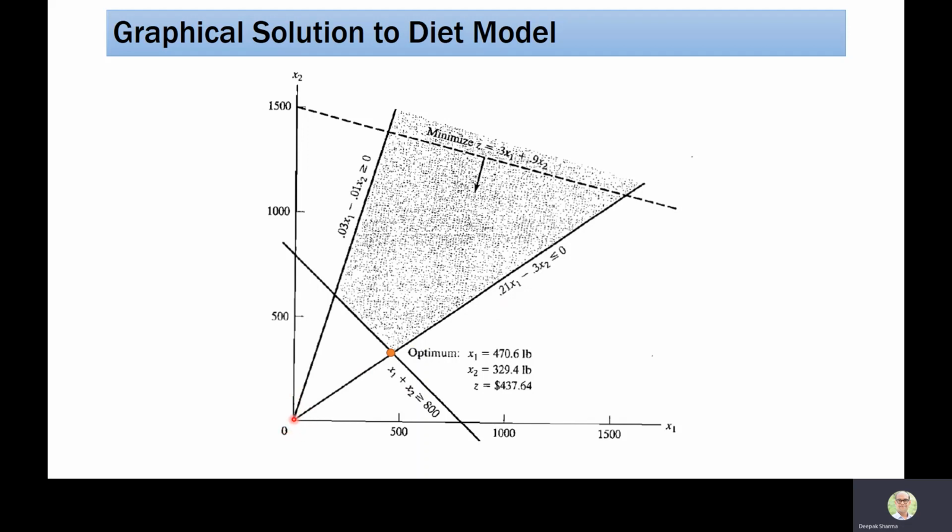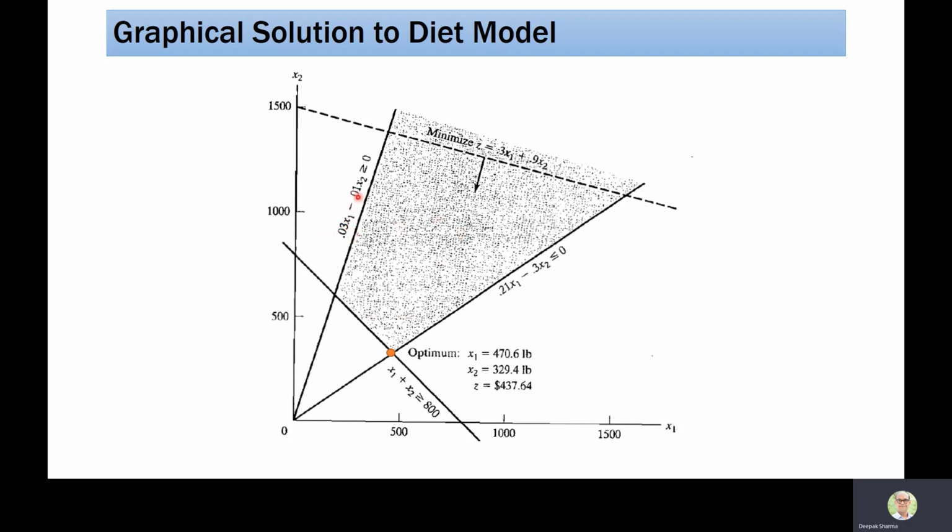You remember that in the previous example, I told you that if this is the line x1 plus x2 equal to 800, and I take 0, 0, then is 0 plus 0 greater than 800? No. So this means that rather than looking toward the origin, I should look away from the origin. So that's why the area above this particular line is feasible.